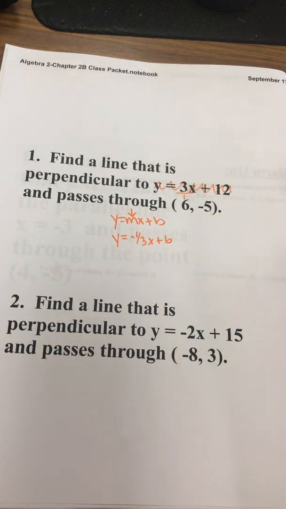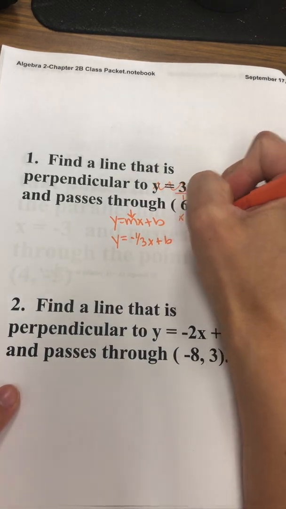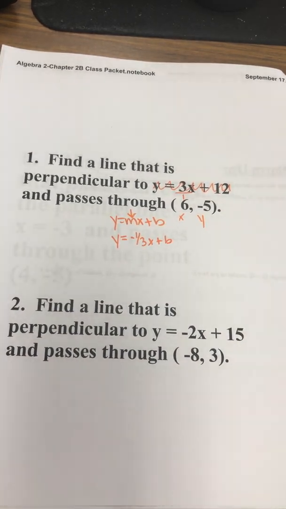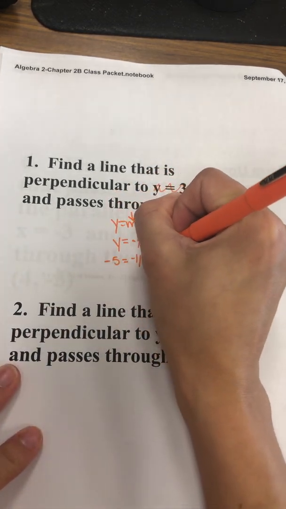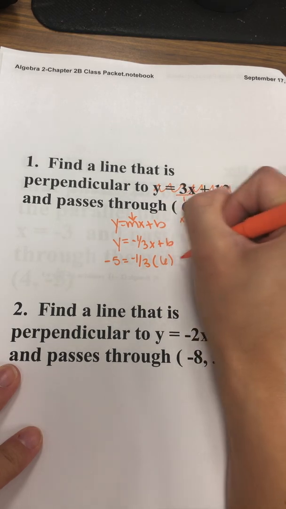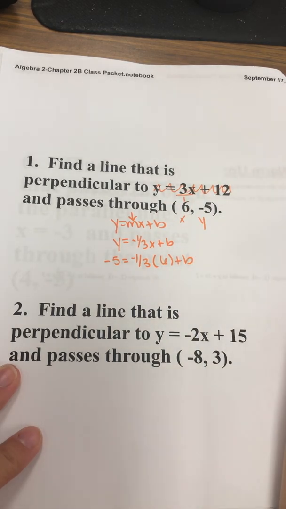Don't use anything else in that equation. Don't try to use the 12 somewhere. No. All you take from that equation they give you is how to find your slope. Then you got to use the x and y they give you in your point to finish solving the problem and get your b. So y is -5, x is 6, plus b.